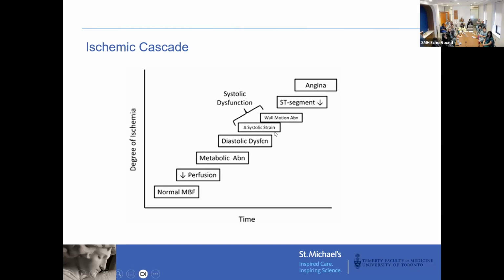Now that stress echo is advancing, strain is becoming more apparent to us and might be an early marker of ischemia, and we'll talk a little bit more about that later on. But that's kind of the forefront of stress echo in the future. And all of this precedes ECG changes and symptomatic angina.